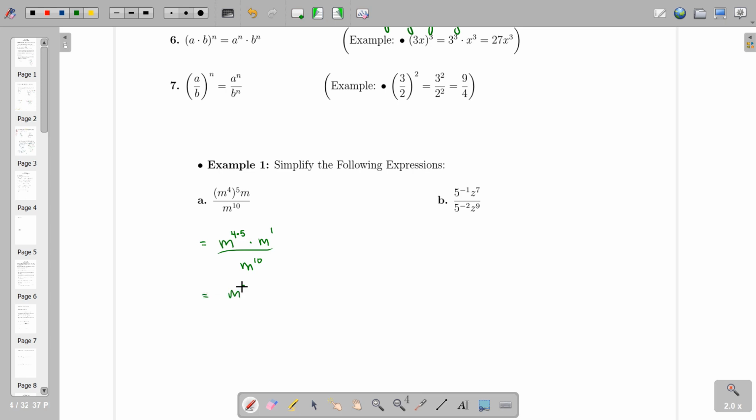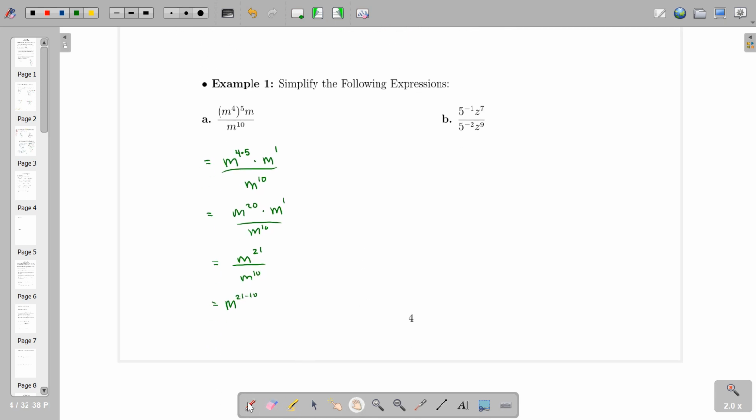So I have m to the 20th times m to the 1 divided by m to the 10th. But we know when we're multiplying two exponential factors with like bases, we're just going to add 20 and 1 together. And then when we're dividing like bases, we're just going to subtract them. So all that cleans up to just m to the 11th.